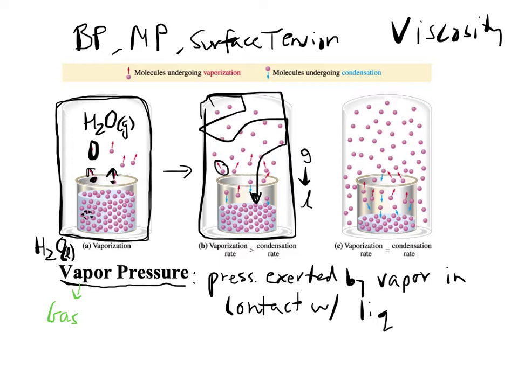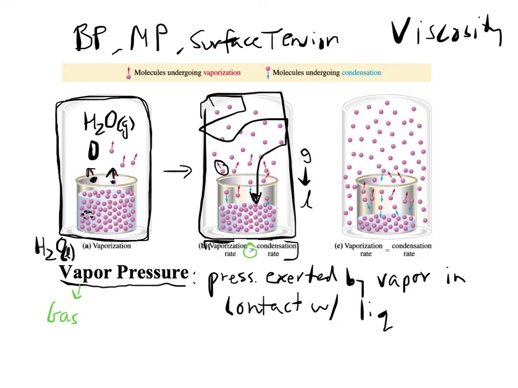Okay? The rate at which the substance is evaporating and condensing, the rates are different at this point. Right now, H2O is evaporating faster than H2O is condensing. That's why we can see the greater than sign here. Okay?